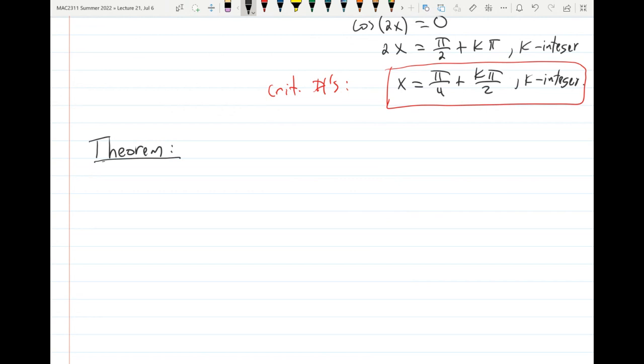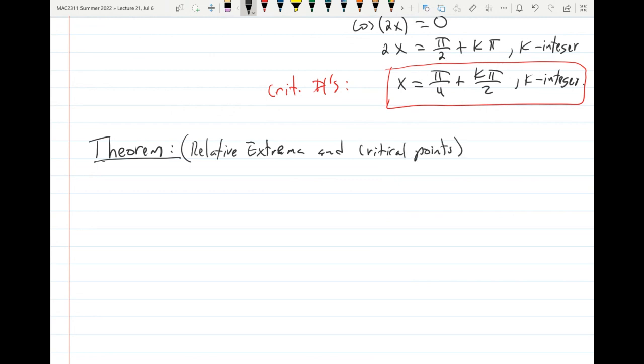And here is the theorem. So suppose that f has a relative extrema. So this is about relative extrema and critical numbers and critical points.